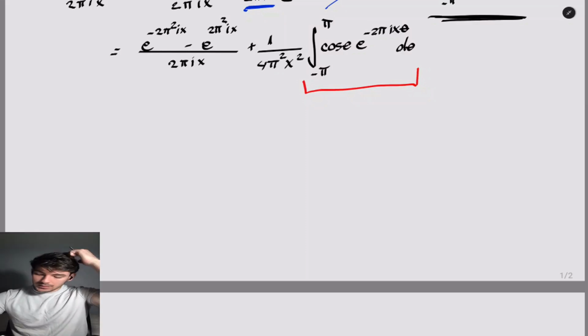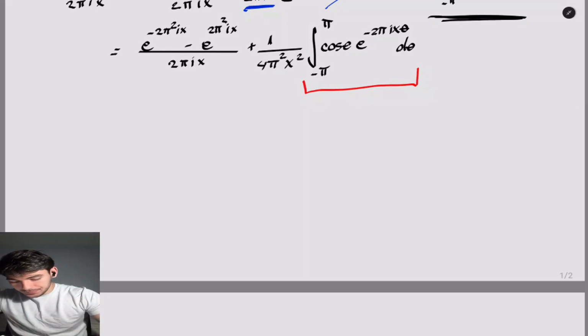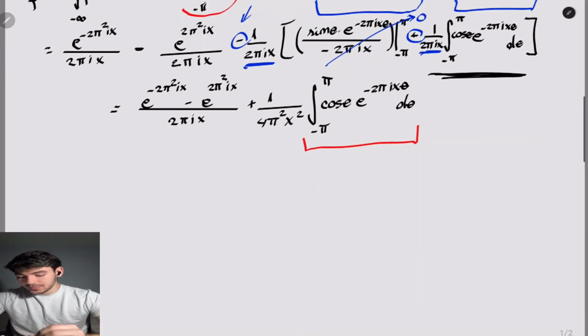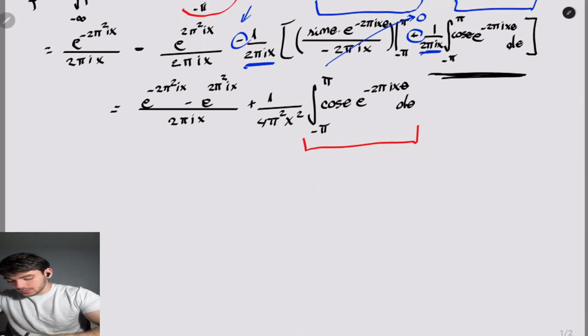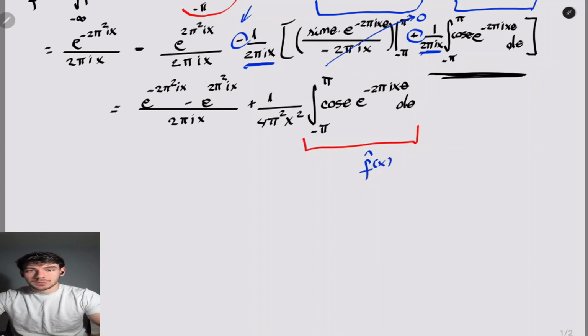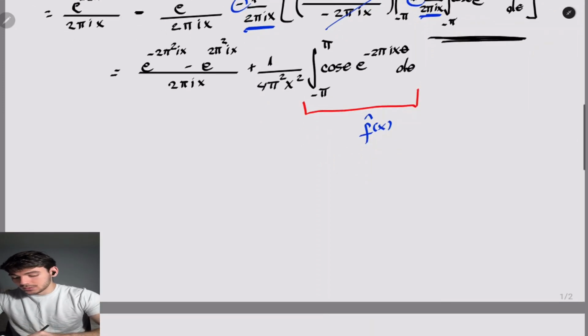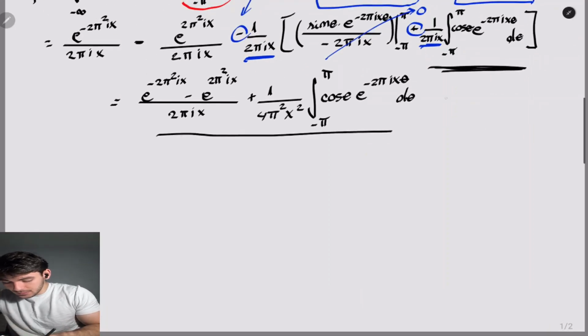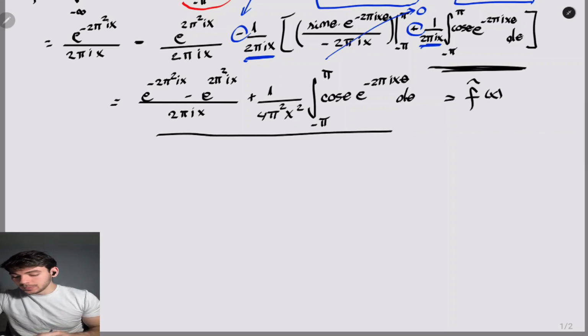So let's rewrite the equation. Actually, this integral here is basically our Fourier transform of the function. Okay, so in order to rewrite it quickly, I'll just write it as this. Okay, so this that I've written here, that's equal to our Fourier transform.